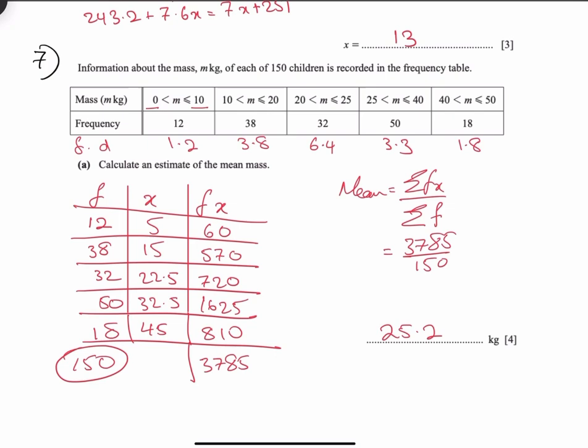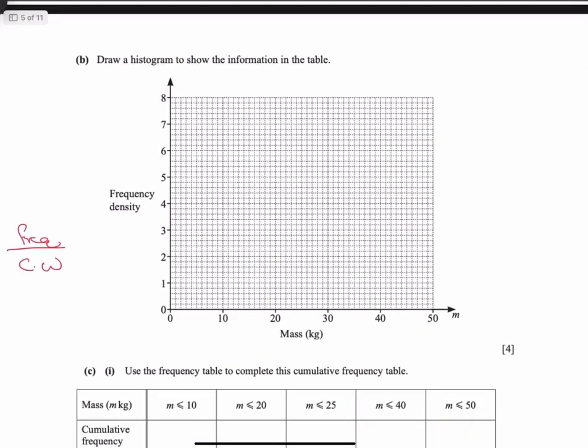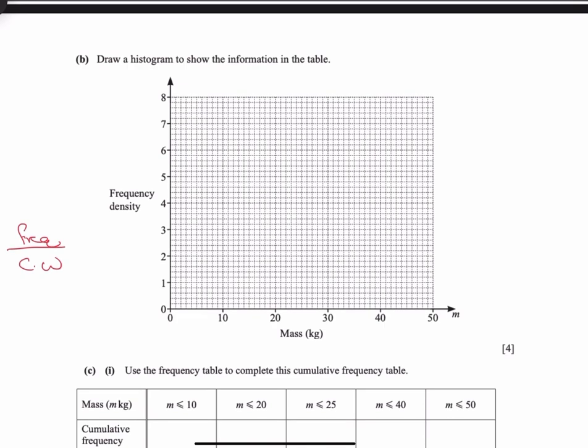Now I have to go and draw my histogram. So from 0 to 10 it goes with a 1.2. So 1.2 is here.